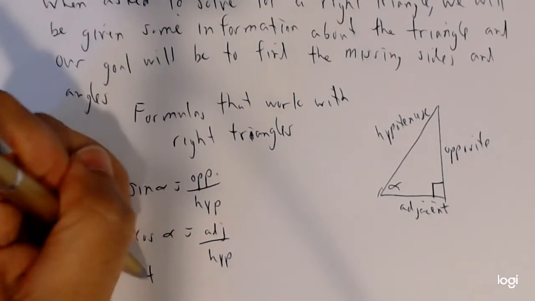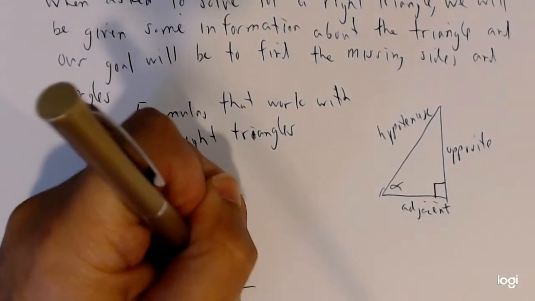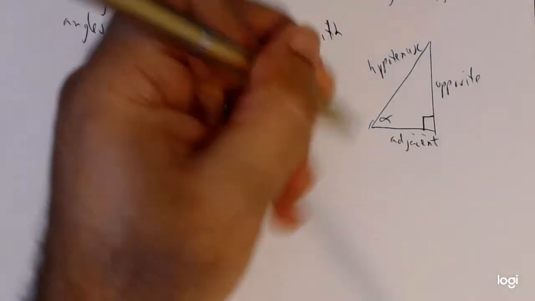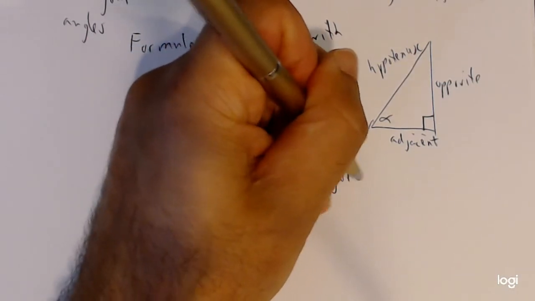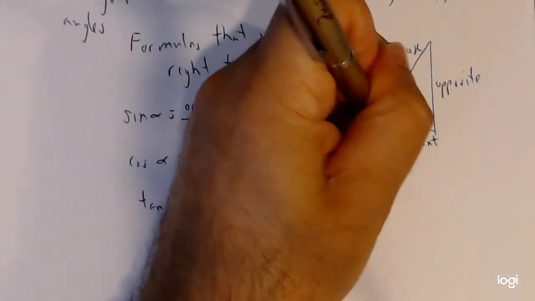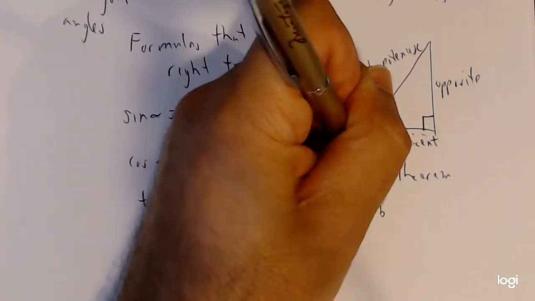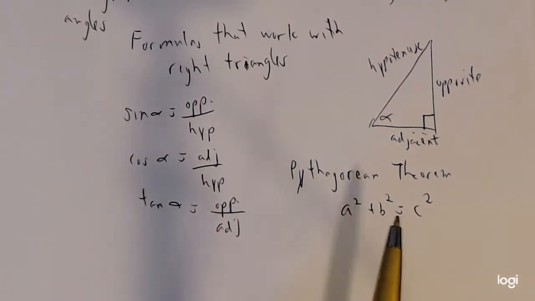And tangent of alpha is opposite over adjacent. The other formula we can apply to right triangles is the Pythagorean theorem: a squared plus b squared equals c squared, where c is the hypotenuse and a and b are the other legs.